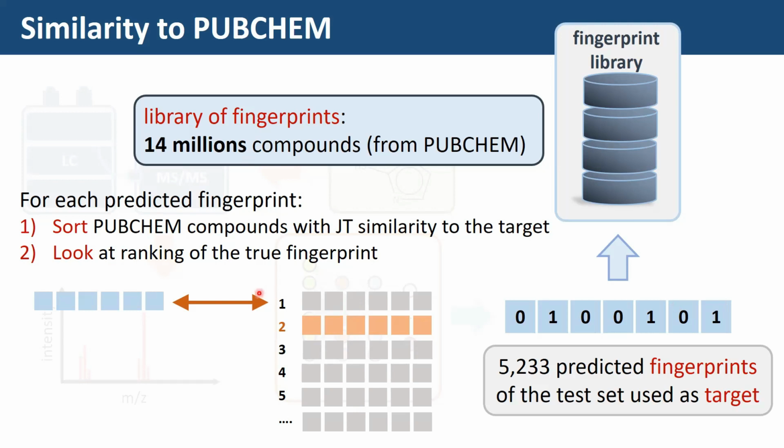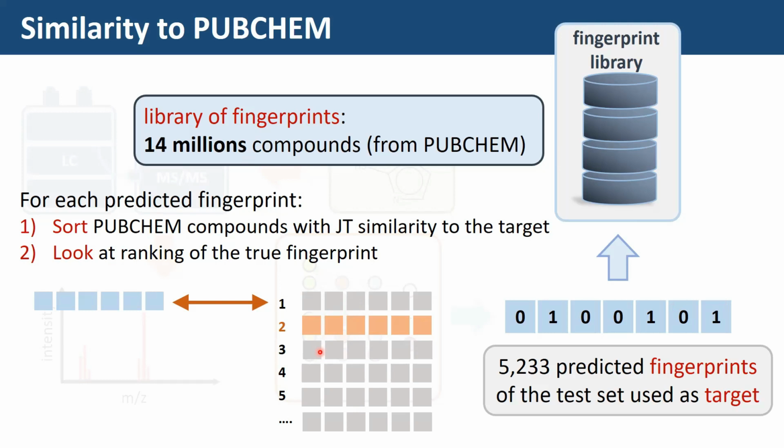And then we look at the first rankings. Of course, what we expect is to find the true chemical in these first rankings. This is actually the final aim of the approach.